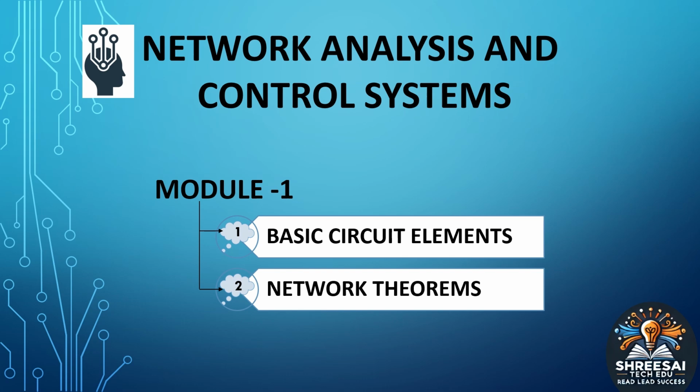To start with, I am starting with the subject Network Analysis and Control Systems, which is the 4th semester subject of Electronics and Computer Engineering. Module 1 consists of 2 chapters, Basic Circuit Elements and Network Theorems.